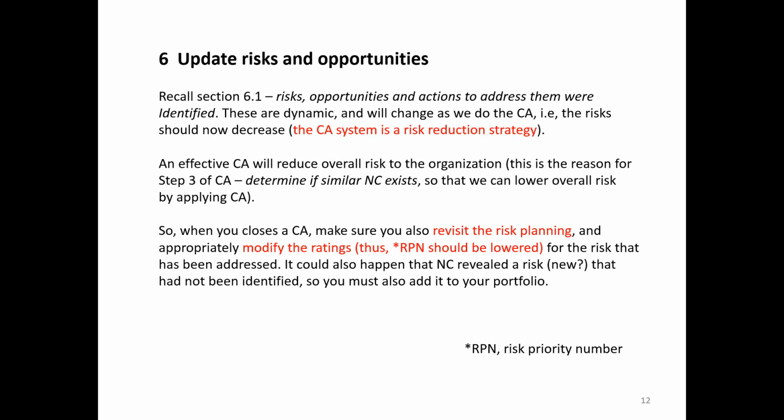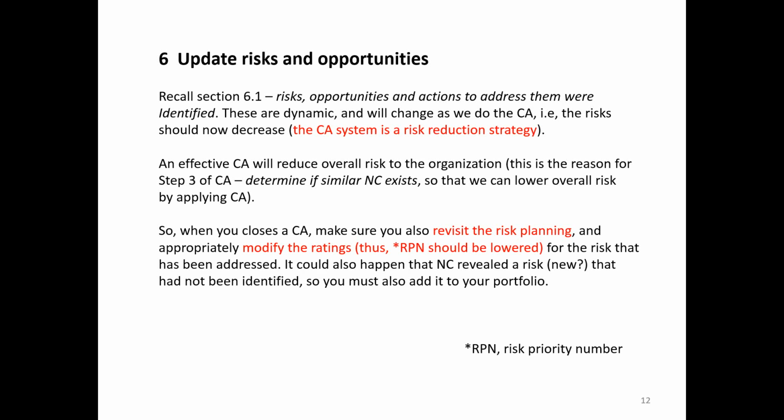So the risk should now decrease because you have done the improvement job. So if you think about it, the corrective action system is actually a risk reduction strategy. That's why it is a good way to solve problems in industry.